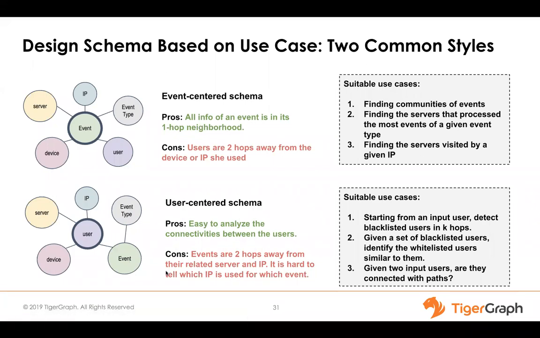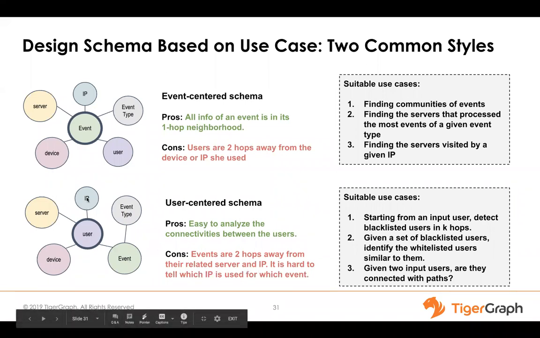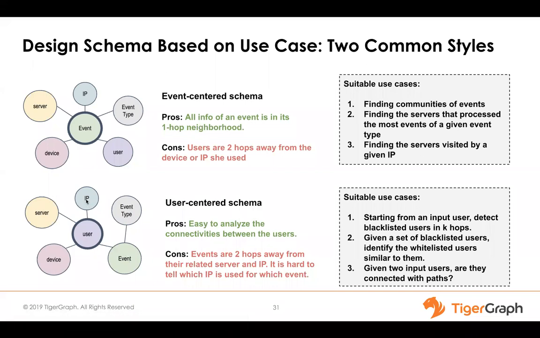And the con is now the events are two hops away from each related server or IP, and we cannot tell which IP is used in which event with which device, because they are not connected to the event anymore. We don't know when this IP is used, what device is together with that IP in that event, right? We lost that information in this design.